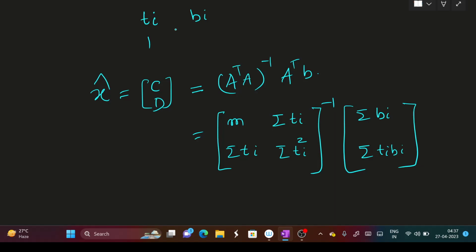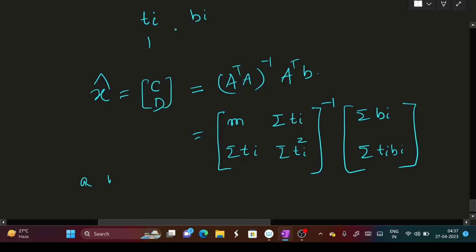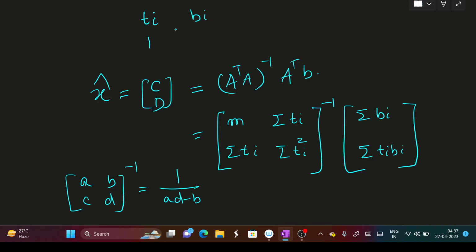Simply this much is sufficient. Here we also know one of the formulas: for a matrix A, B, C, D, to find the inverse we need not do much. It is 1 by (AD minus BC) into the matrix D, minus B, minus C, A. Using this property, the inverse can be calculated. So within one or two steps, directly we will get our x hat.